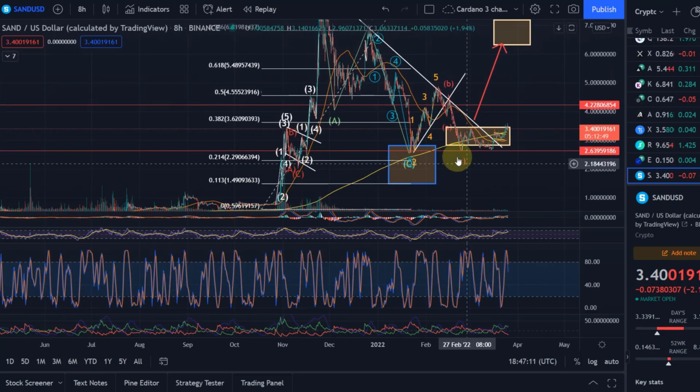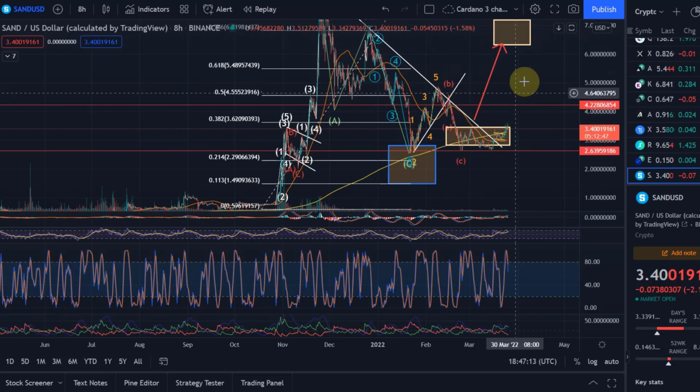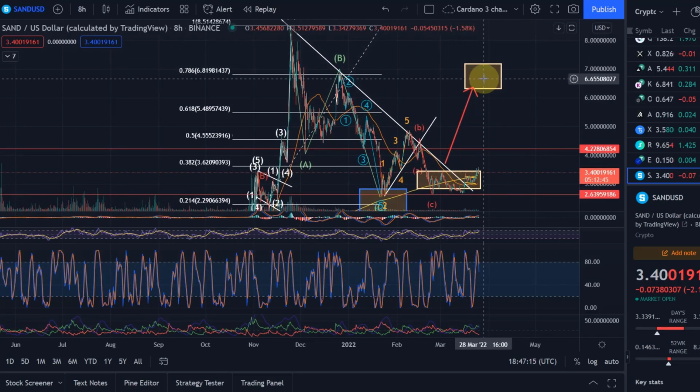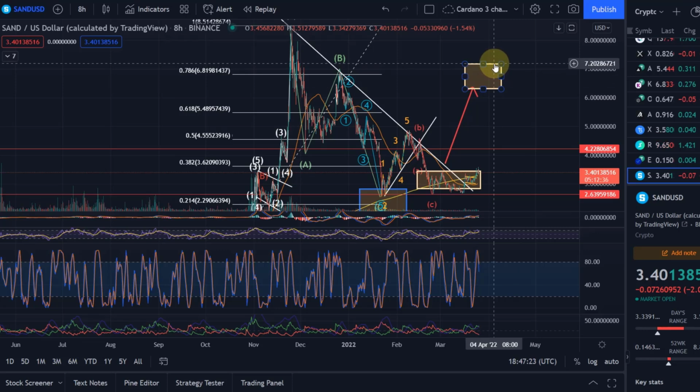If we assume that this really was a wave 1, this here was a wave 2, then the next wave would be a wave 3 to the upside, and we could expect a price of around between $6.32 and $7.20. That is where I would expect the price to head next.